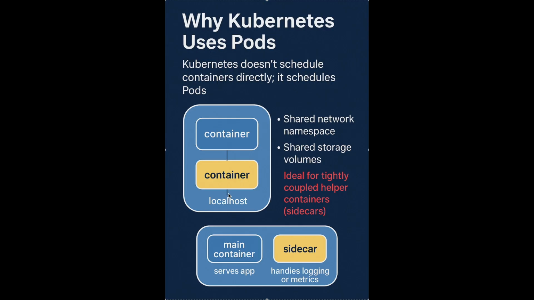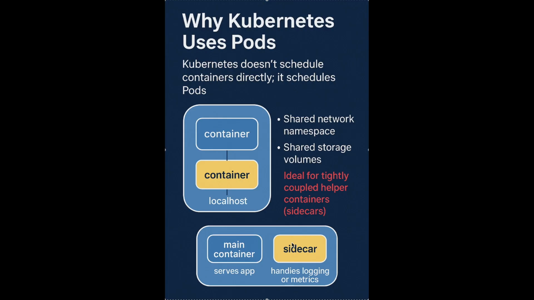A very popular pattern is using sidecar containers. They are helper containers that enhance or support the main app. Examples of sidecar containers may be a logging agent like Fluentd, a service mesh proxy like Envoy or Istio, or a metrics collector like a Prometheus exporter.